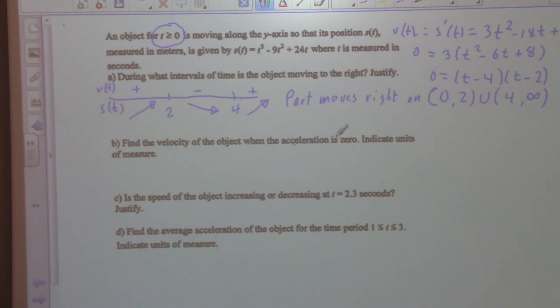And then the justification, because what? What is your justification? My number line, my good old pal, tells me.